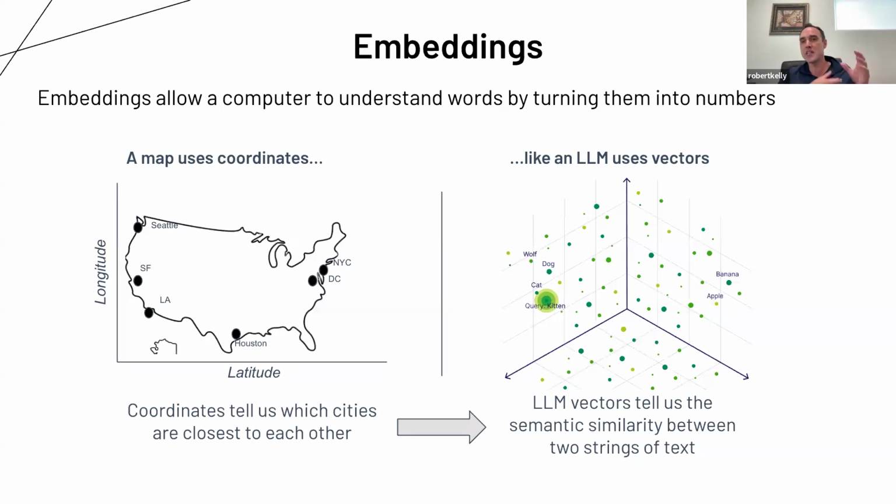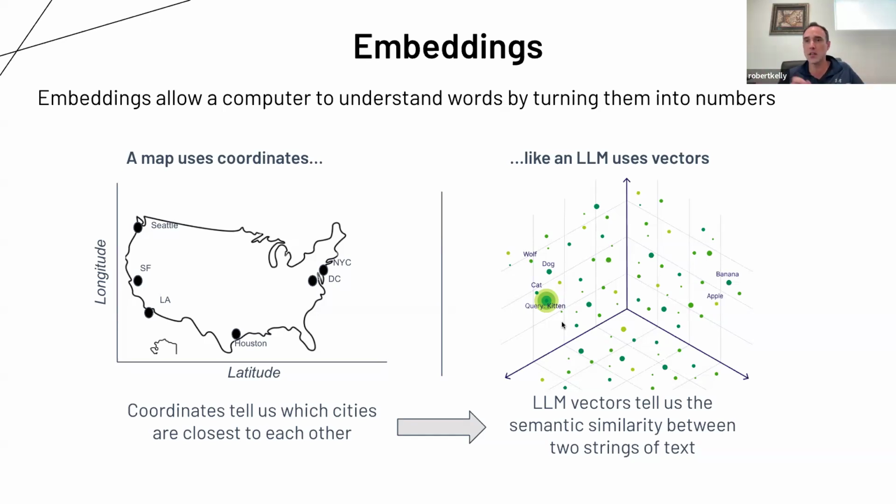This same concept of taking a location and turning it into numbers can apply in LLMs when we take words and turn them into meaning, right? In the example on the right, this is a plot of embedding numbers, and these are simply words that the computer has embedded into numbers. If we were to take a couple of words on this plot, let's take kitten and cat, we can see that those vectors, which is how an LLM turns words into numbers, are really close to each other, which implies that they have a really similar meaning.